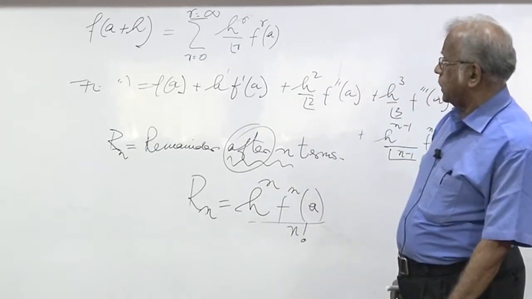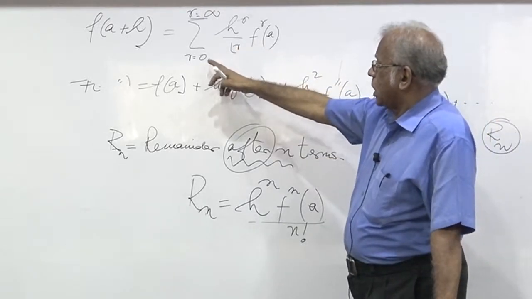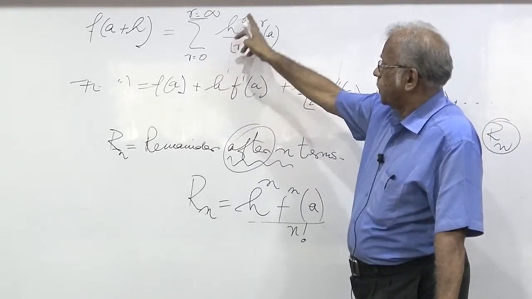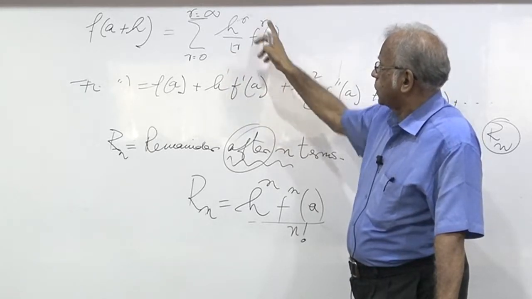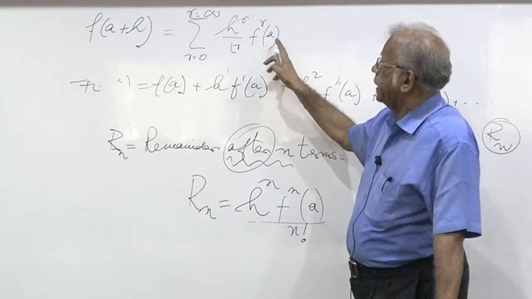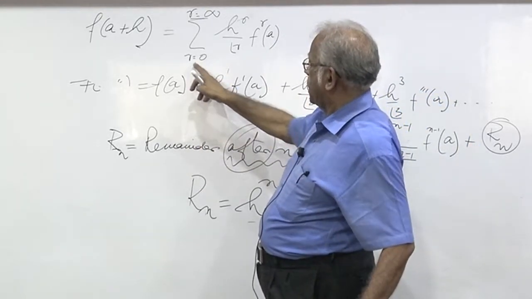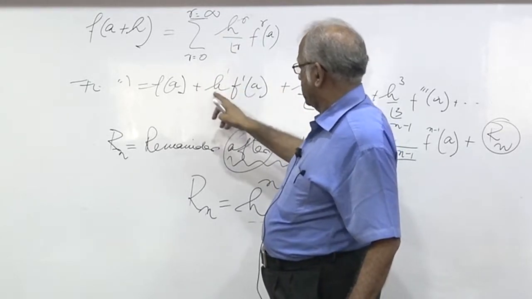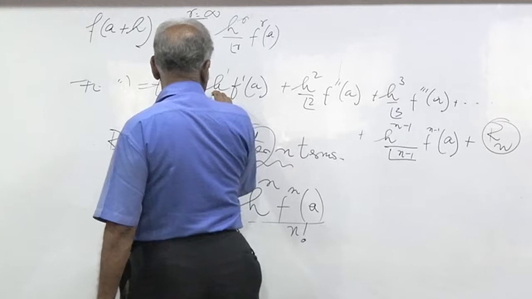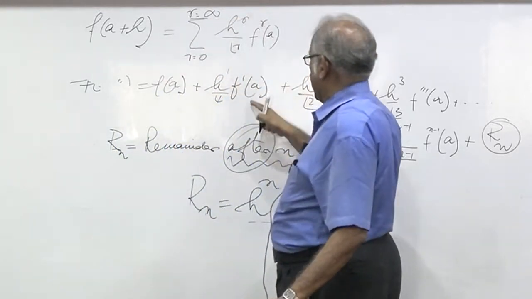So, f(a+h) is h to the power r. The first term, for example, is r equals 0, that means h to the power of 0 by factorial 0, which is 1, times f(a), f naught a means f(a) not differentiated. So, that is the first term. The second term is when r is 1, we have h to the power of 1 by factorial 1, which is 1, f single prime a, and so on.